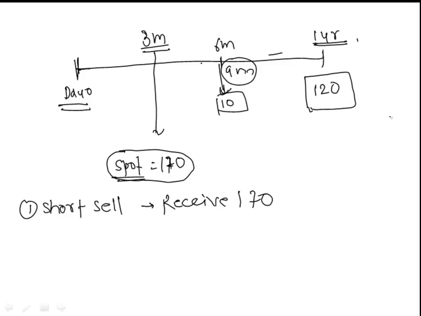In the meanwhile, if there is a dividend paid in between, I am required to pay that dividend to the person from whom I have borrowed. That means I am required to pay a dividend of 10, and how many days from now? 3 months. So what you think is, why not make the provision of making that payment today itself?